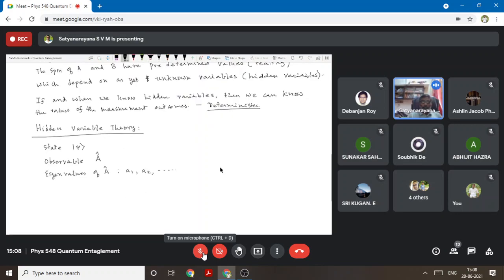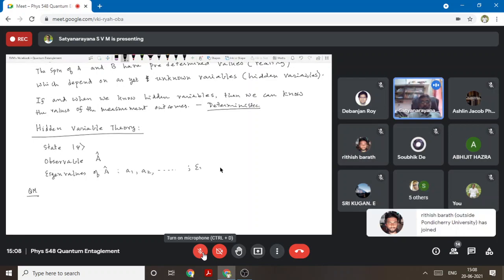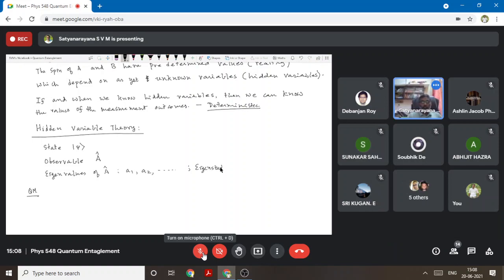Now, quantum mechanics tells you the following. These are eigenvalues of A, and of course, you can also talk about eigenstates of A. Let me call them phi 1, phi 2, etc., corresponding to these eigenvalues.